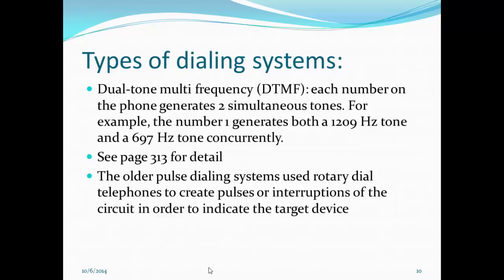Type of dialing system: dual tone multi-frequency. Each of the number keys on the phone generates two simultaneous tones. For example, the number 1 generates both a 1209 Hz tone and a 697 Hz tone concurrently.